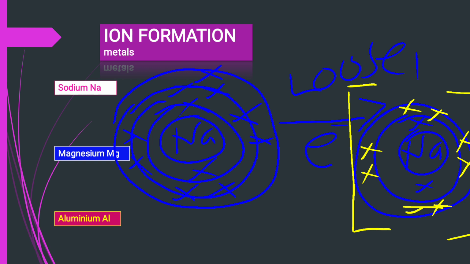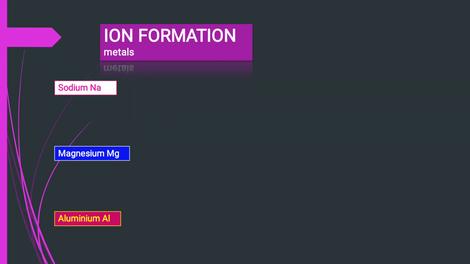Let's look at another example, and that is the example of magnesium. Magnesium has an atomic number of 12. If it is 12, that means that magnesium has an electron configuration of 2, 8, 2.